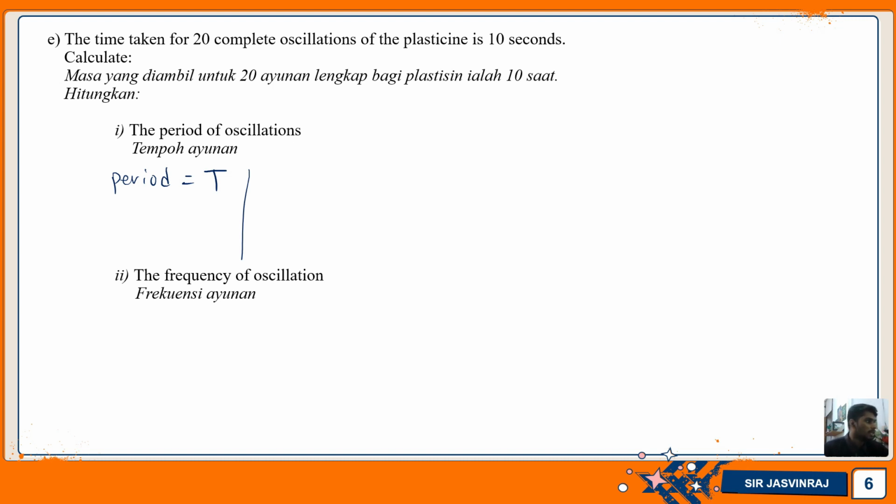Kedua-duanya menggunakan satu formula asas, iaitu T sama dengan masa bahagi bilangan ayunan. So formula dah ada, plug and play. The concept is plug and play.